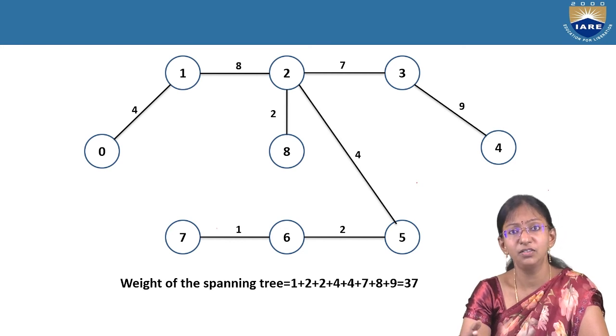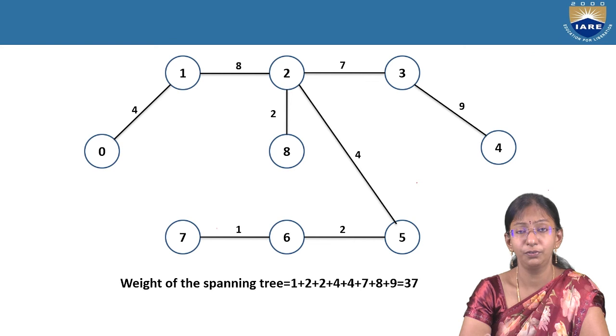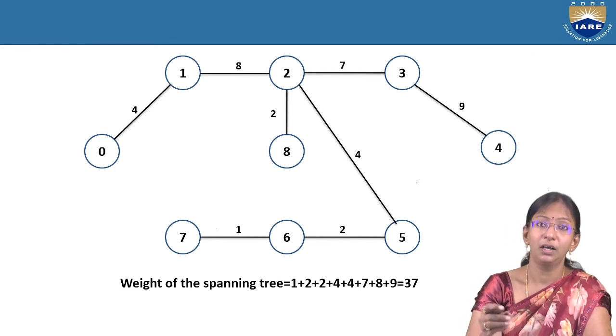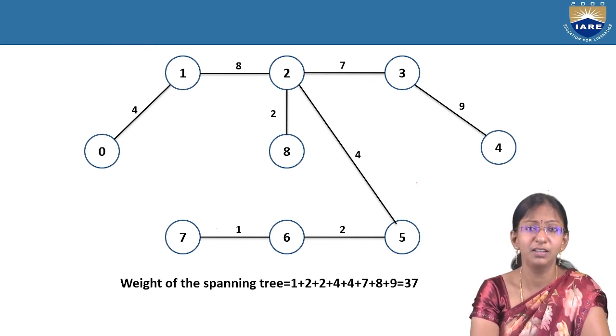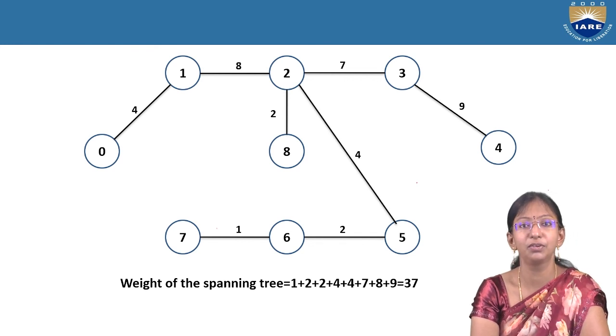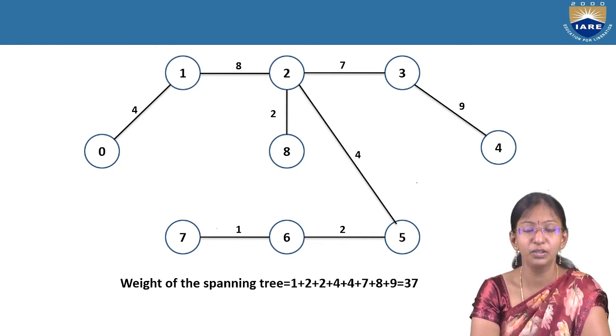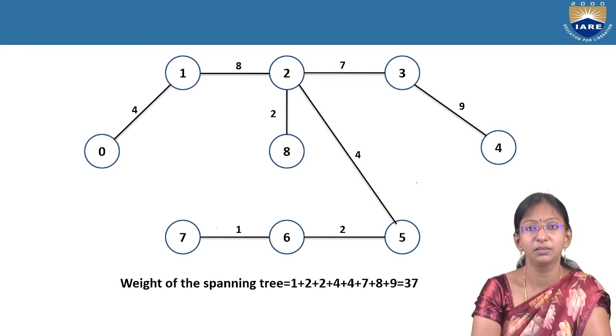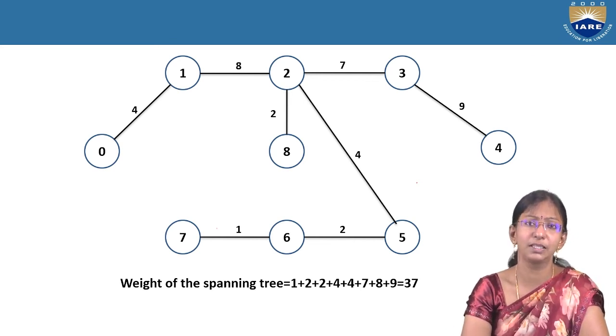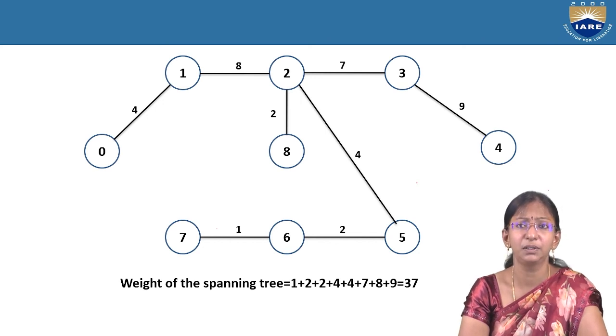And in each and every step, when it is adding, it is looking whether by adding that edge, am I going to get a profit or not? If it gets the profit, that is, it is adding a minimum weighted edge, but a circuit is not formed. The way it is working is a greedy way. That is a simple definition I can give. If it is too choosy about selecting the edges based upon a criteria, it comes under greedy methods. Thereby, Kruskal's method is also known as a greedy method.